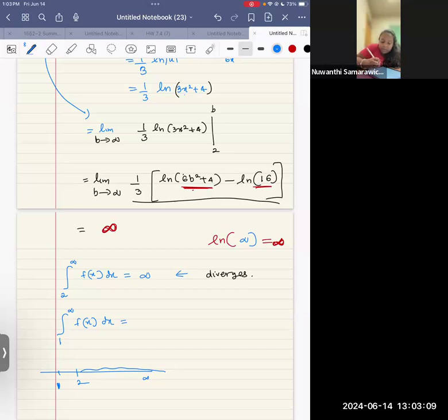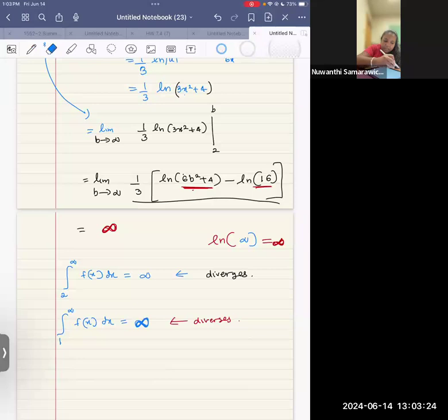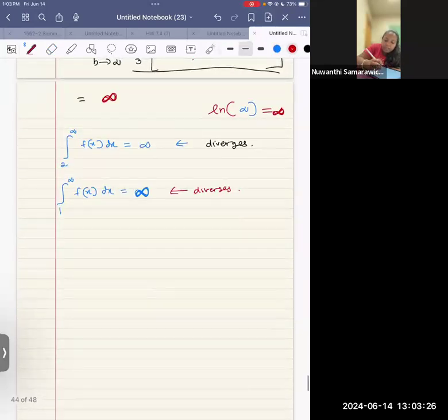So we can say this is also infinity. Therefore, this diverges. So if we found this integral diverges, what can we say about the series? The series also diverges.